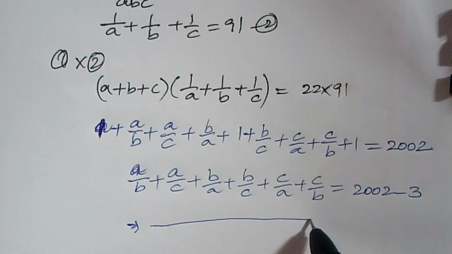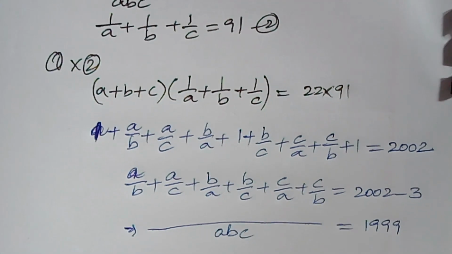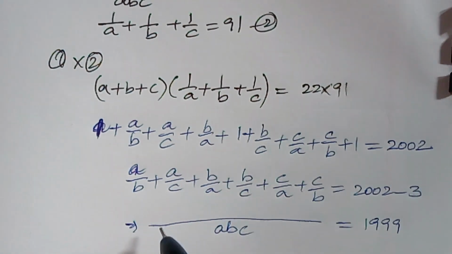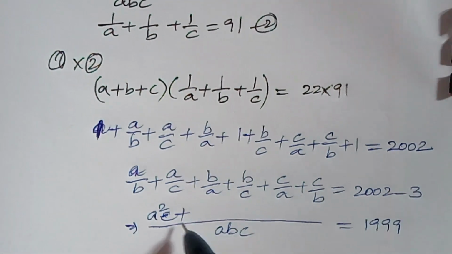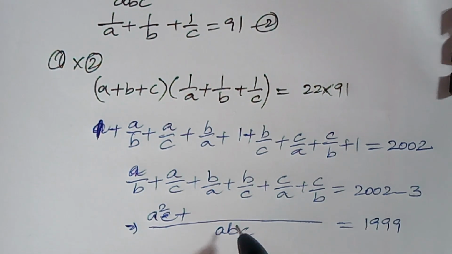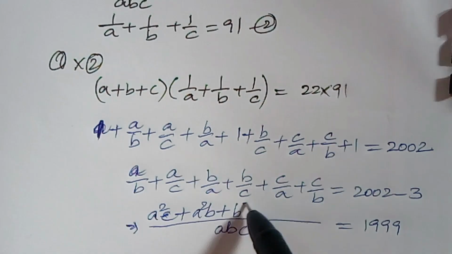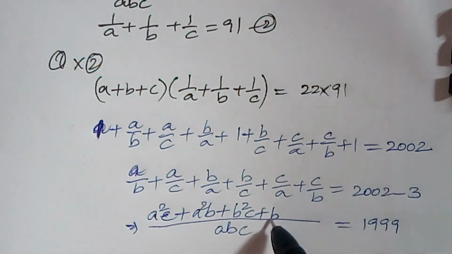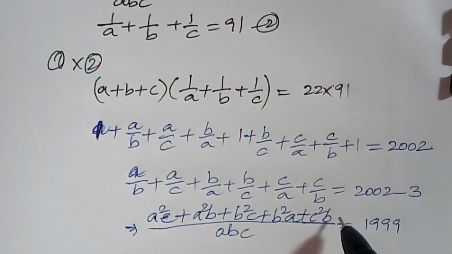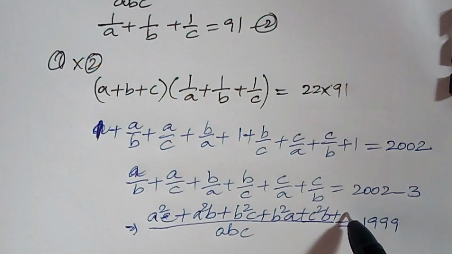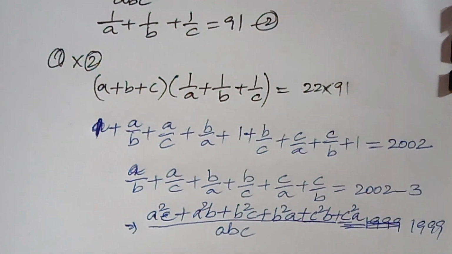Now taking LCM, abc: here you will get a square c plus a square b plus b square c plus b square a plus c square b plus c square a is equal to 1999 now.